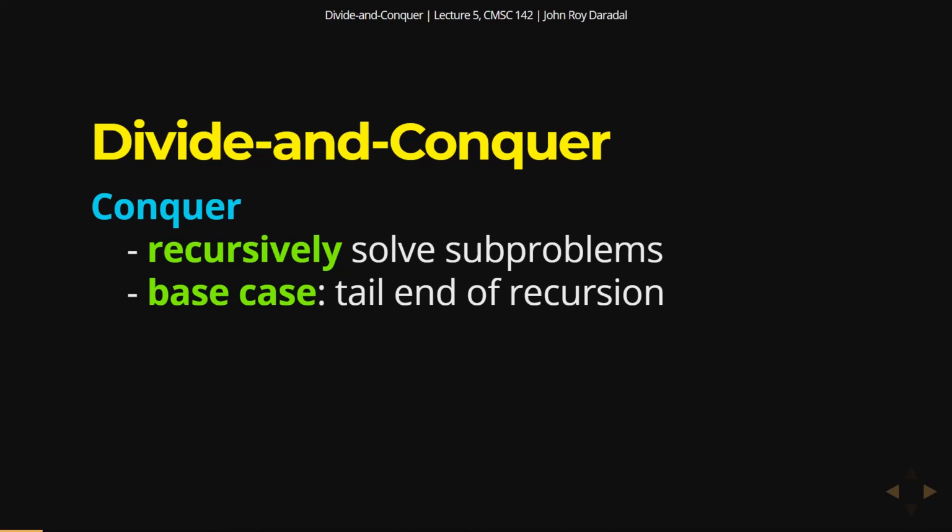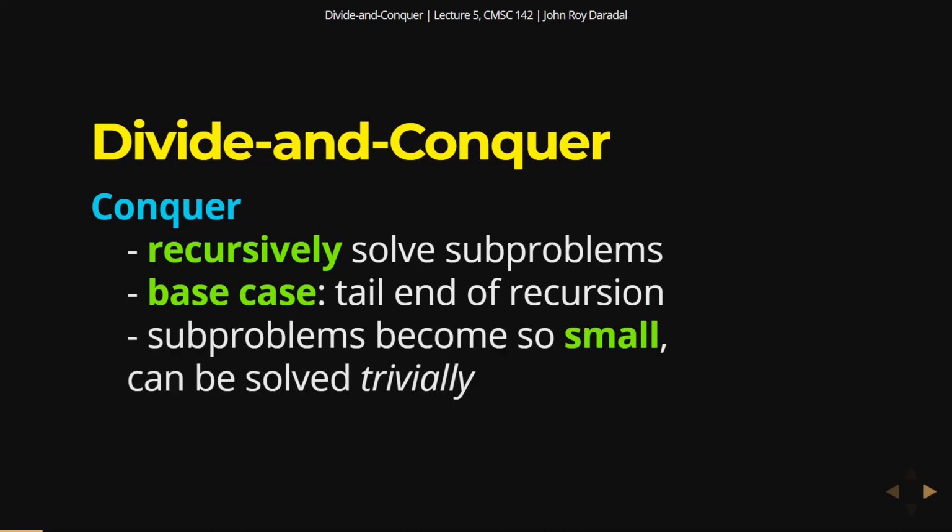We will start with the base case, or the tail end of the recursion, or the sub-problem that cannot be divided into a smaller sub-problem anymore. So that's the base case already. Okay, so we'll start here and then use that to solve the sub-problem. So in the base case, the sub-problems become so small that they can be solved trivially.